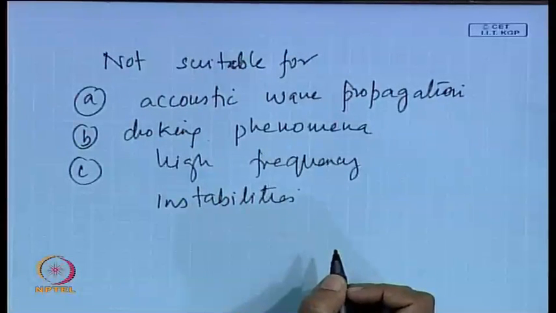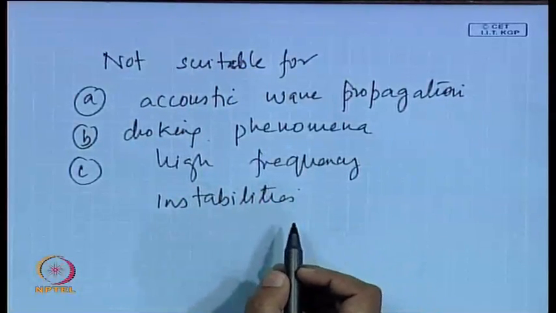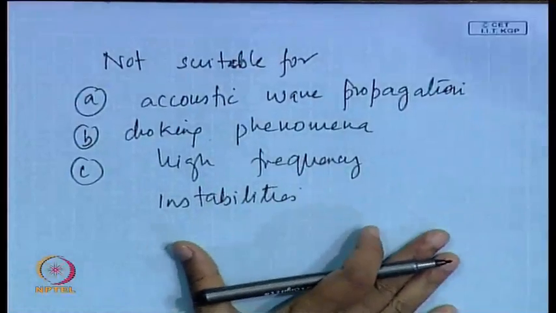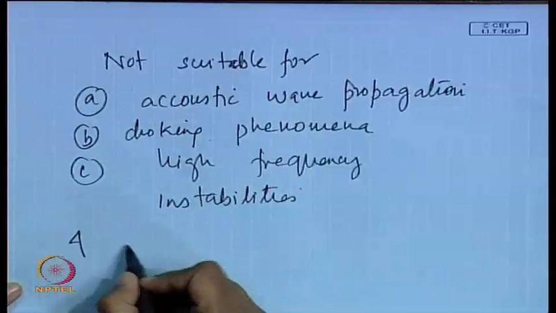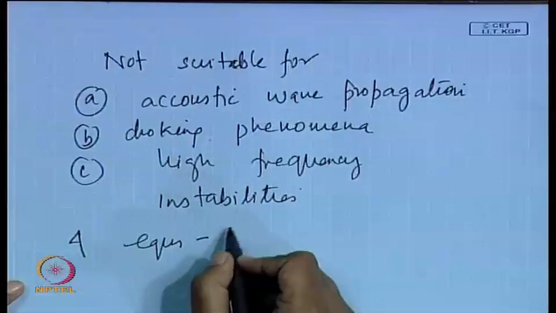Remember one thing, in the drift flux model we have used the drift flux concept, and in this particular case we are having 4 equations. What are the 4 equations?